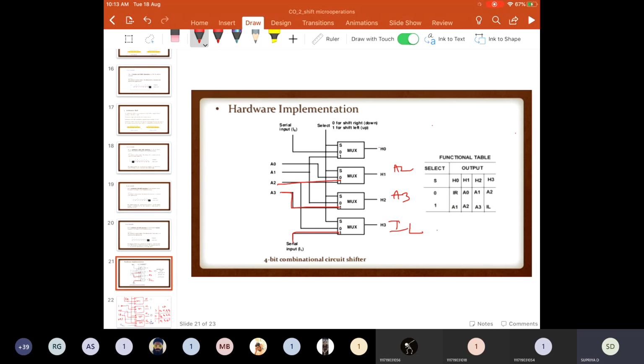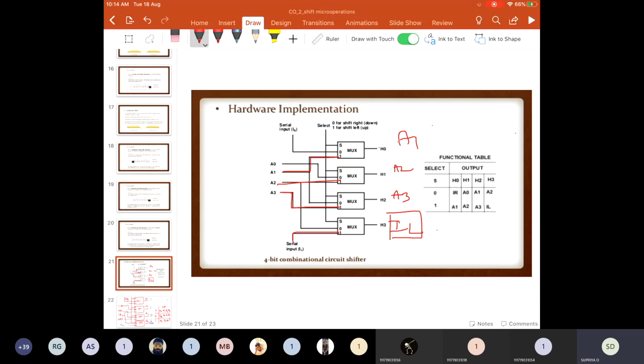At H0, you are getting A1. See, A1 is connected to H0. So you are moving one bit up while performing shift left operation. Whatever new data you want to insert will be inserted at the lowest bit. This is how we perform shift left operation.